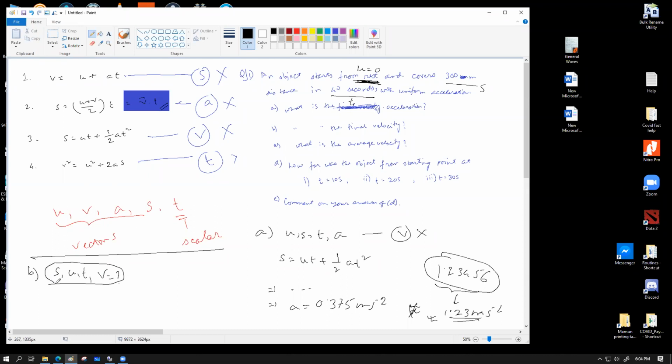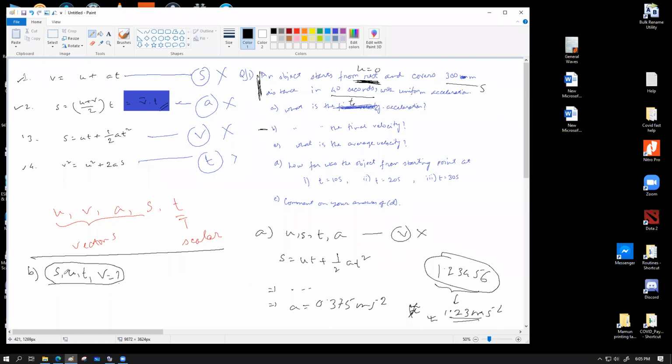But if I just take the information that is available to me in the question exclusively, if I forget about this part A where I calculate acceleration, because A is now available to us, we can practically go for 1, 3, or 2, or 4. We can use any of these and find the final velocity.